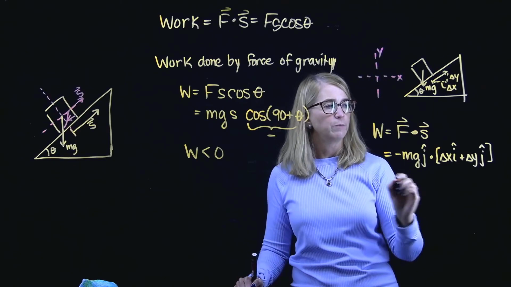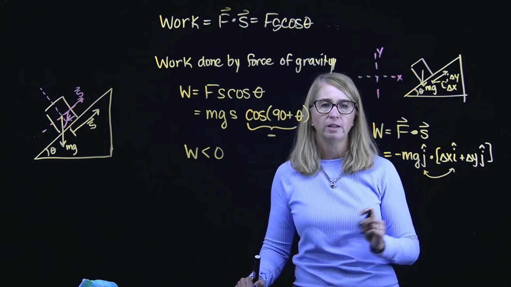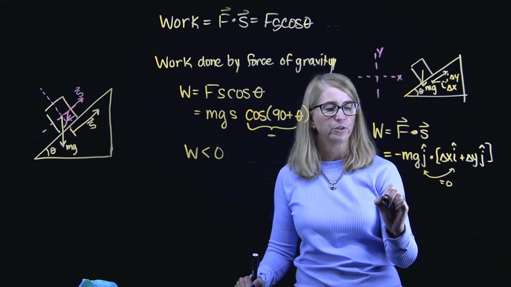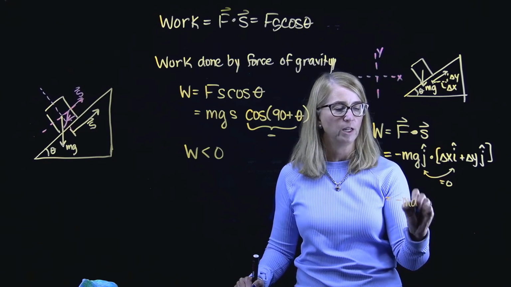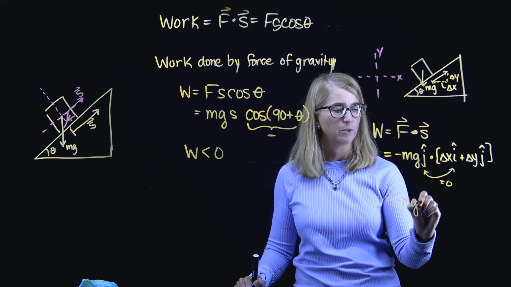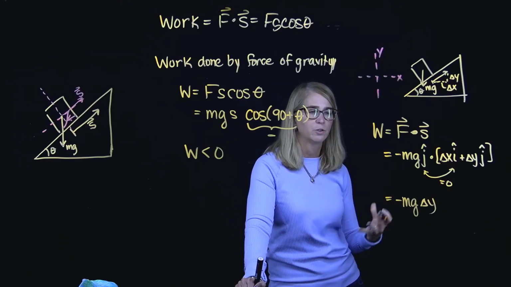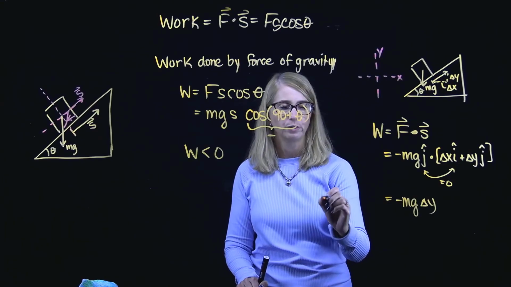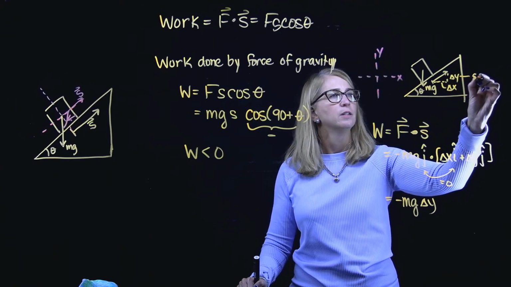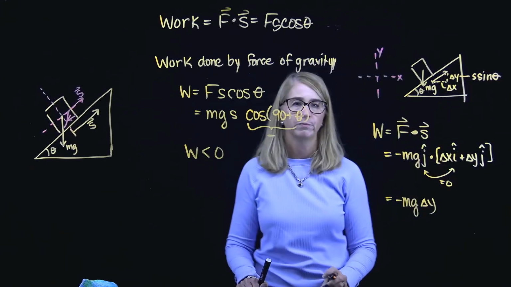Now, when I'm doing this, the j dot i term is 0, and then I just have minus mg, j dot j is just 1, times my delta y. And my delta y could be written as s times the sine of the angle.